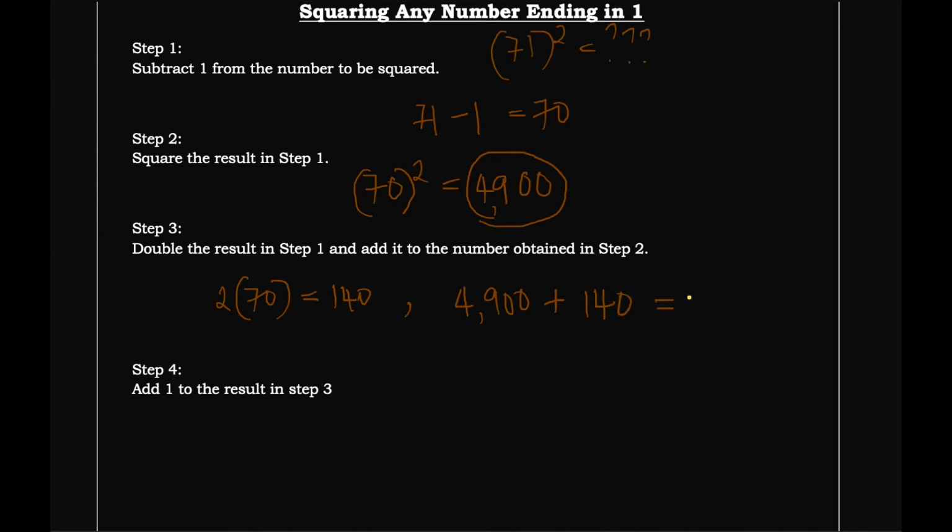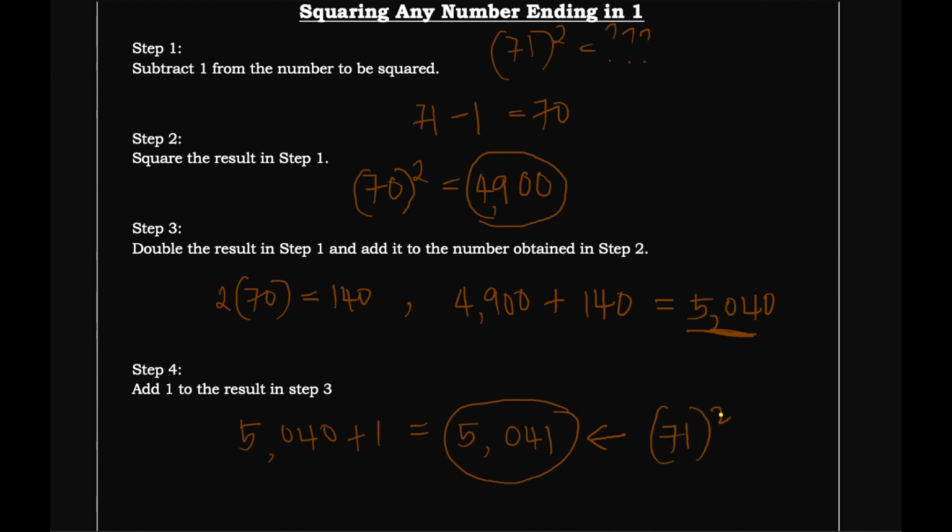And the answer is 5,040. Okay? And last step, add 1 to the result in step 3. So if in step number 3 I have obtained 5,040, I will just add here 1 and the answer is 5,041. So this is now the square of 71. Agree? You can verify that with your calculator.